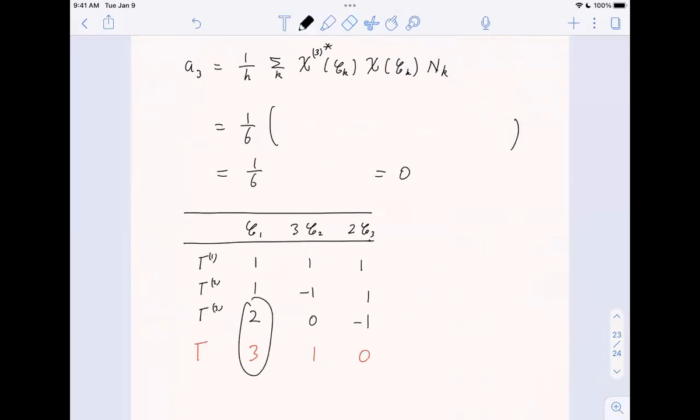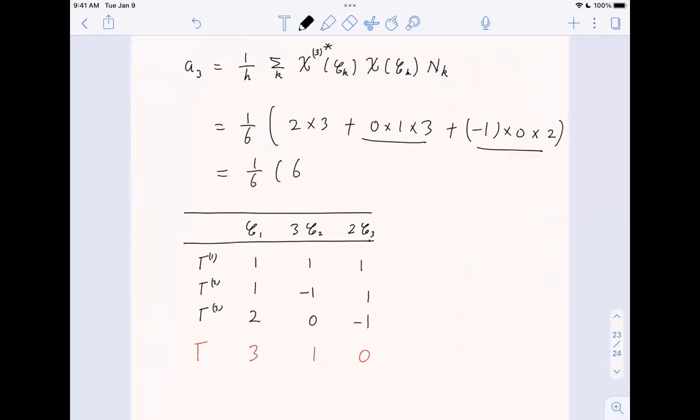this 2 times 3, 0 times 1. And you need to times this 3. And negative 1 times 0 times 2. Okay, so eventually what you'll get is this 6.